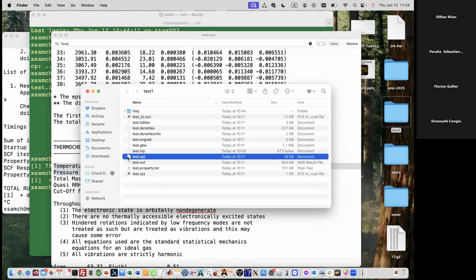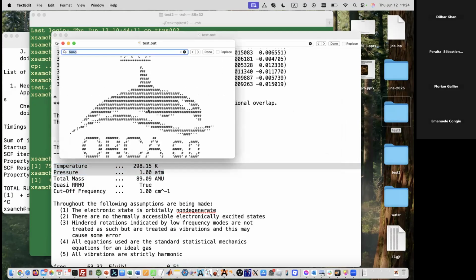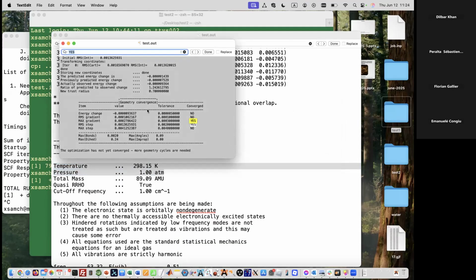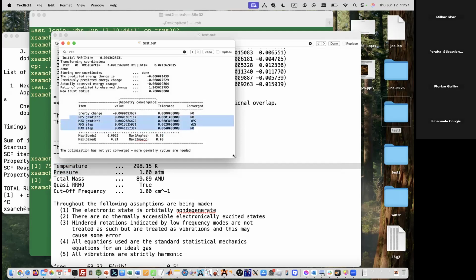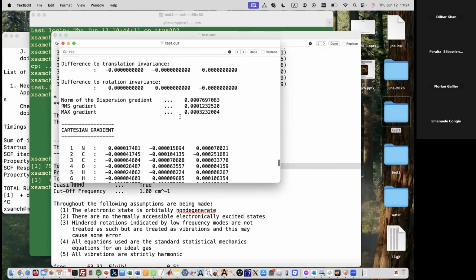So imagine in your output file here, if the structure is not fully converged, let's assume you found your convergence criteria at the end of the calculation is like this.